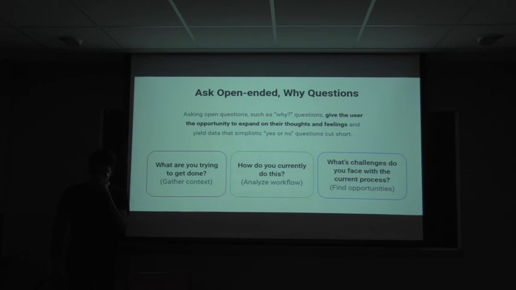This one's getting them to expand more on their pain points and giving them an opportunity to go all out and say, these are the things I don't like, or these are the things I would improve. So really it's all about getting them to talk. You don't want to be talking too much when you're doing the user interview. I'm sure you guys all know that.